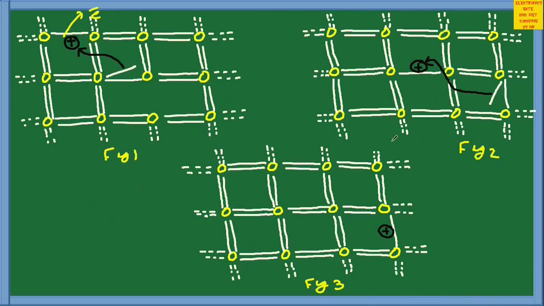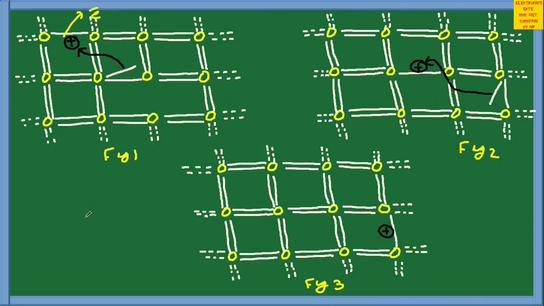So what have we seen here? The bonded electron is also moving. The bonded electron from here is moved to this place, and the bonded electron from here is moved to this place. So we can see the bonded electron can also move and hence the bonded electron can also contribute to current.